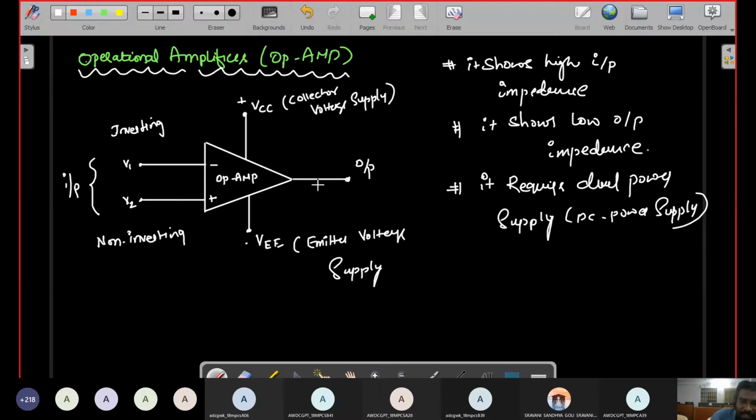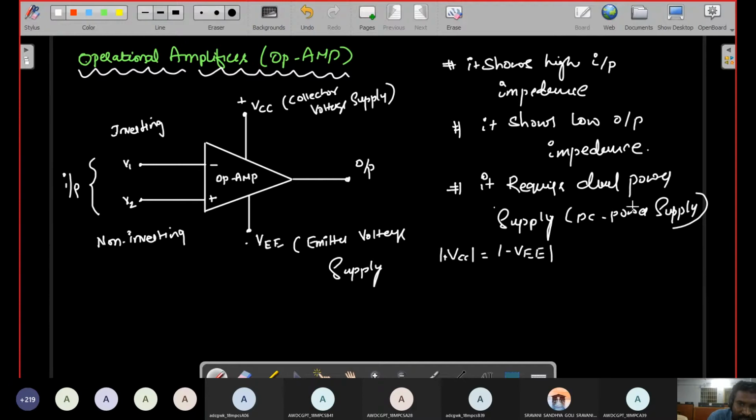So first suppose, see, here positive VCC means it is a collector supply voltage and it is an emitter supply voltage. So suppose the modulus of plus VCC is equal to the modulus of minus VEE.